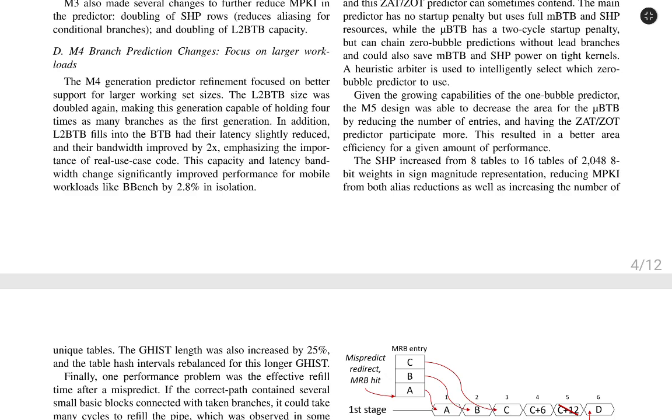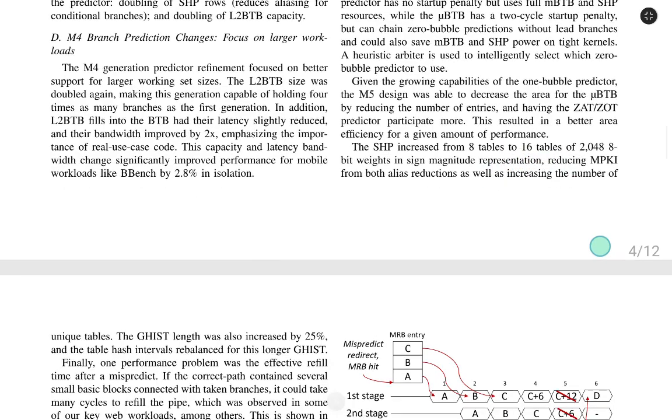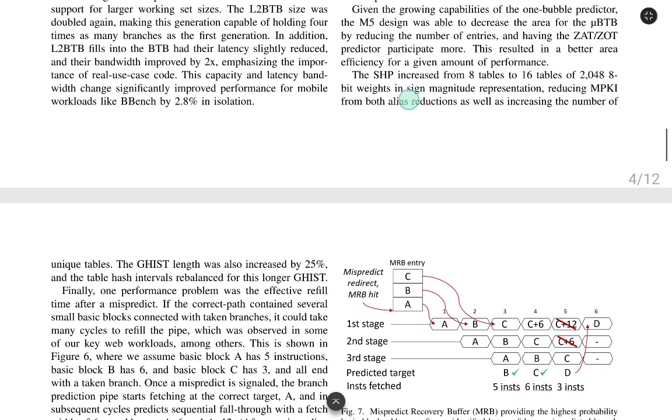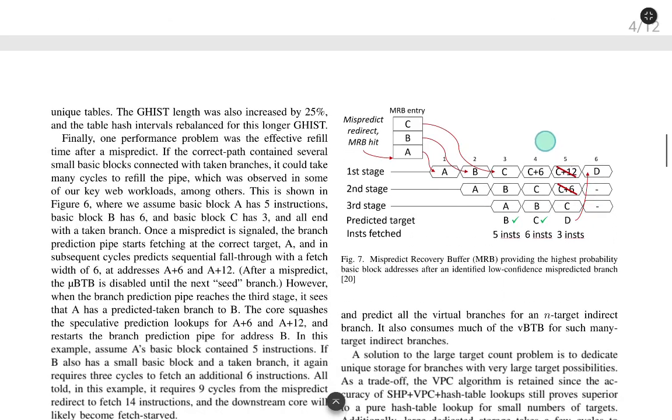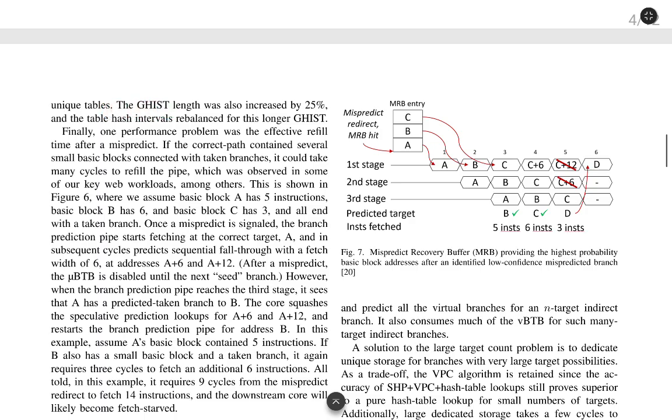The SHP increased from 8 tables to 16 tables of 2048 8-bit weights in a sign-magnitude representation, reducing aliasing as well as increasing the number of unique tables. The GHIST length of the words increased by 25%, and the table hash intervals were rebalanced for this longer GHIST.